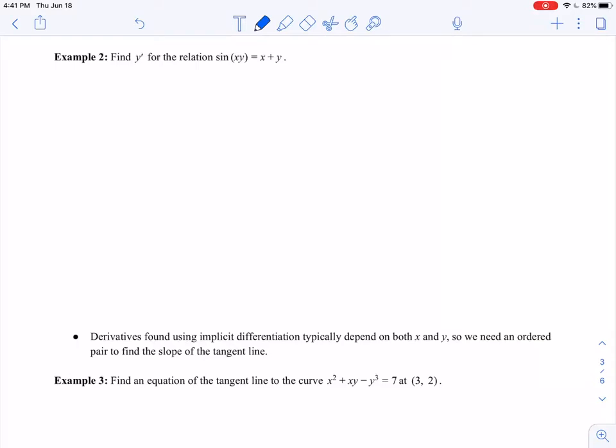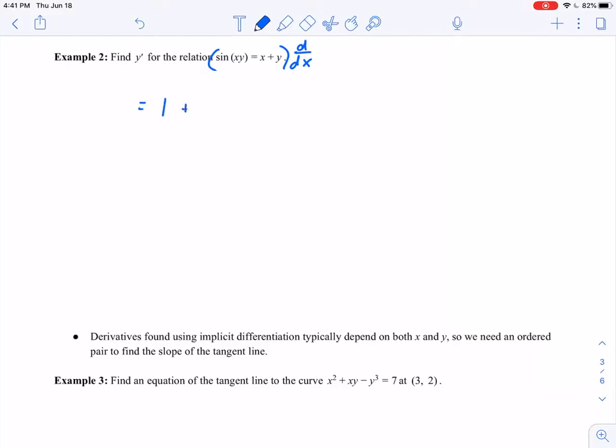So let's start with this side over here. I think that's going to be the easier side. So I'm just taking the derivative of each side. Derivative of x, we're gonna start on that right-hand side. So the derivative of x is just going to be 1.